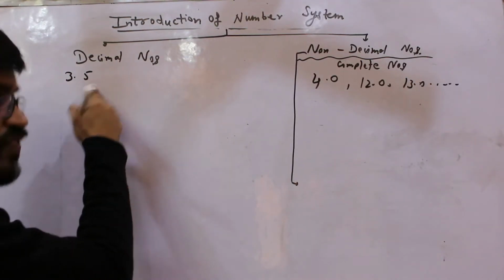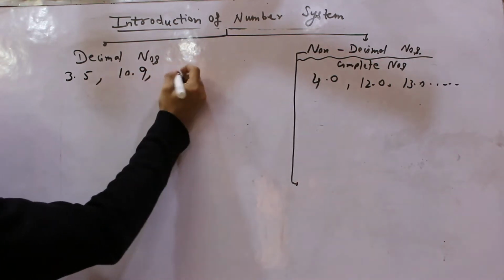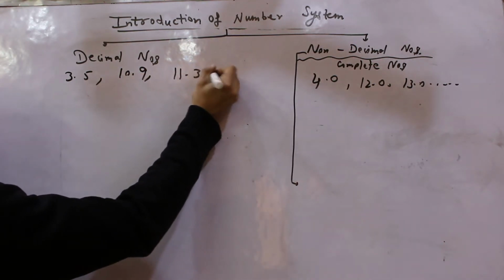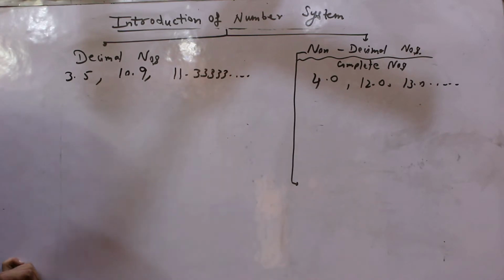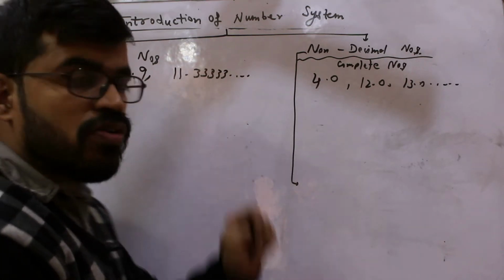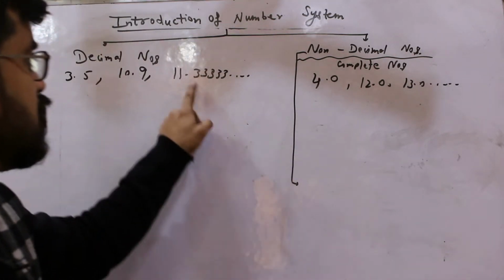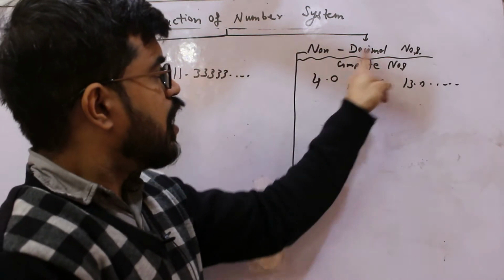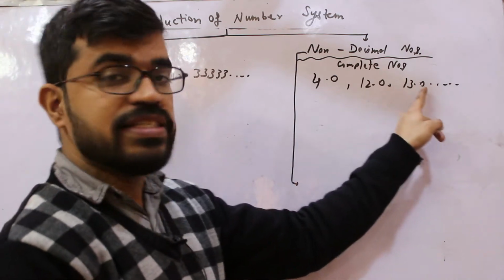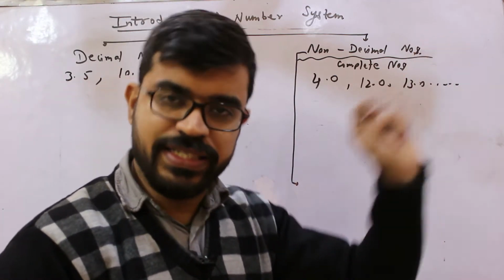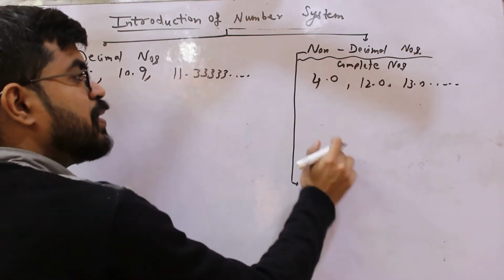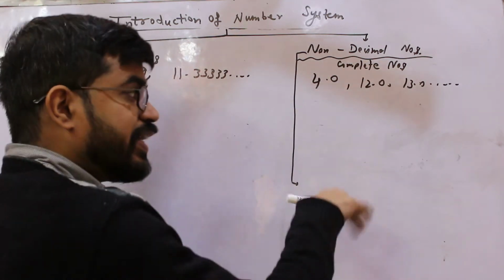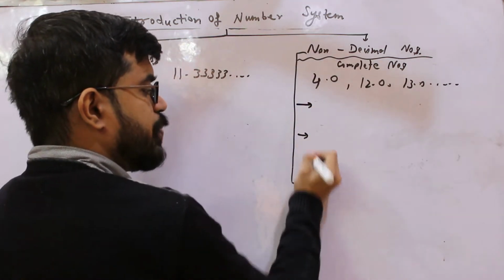Say 3.5, 10.9, 11.3333, and so on. All these numbers are called decimal numbers because they have a non-zero number after the decimal, but under non-decimal numbers, there is only 0 after the decimal. So non-decimal numbers are basically complete numbers, and they can further be categorized into three parts.